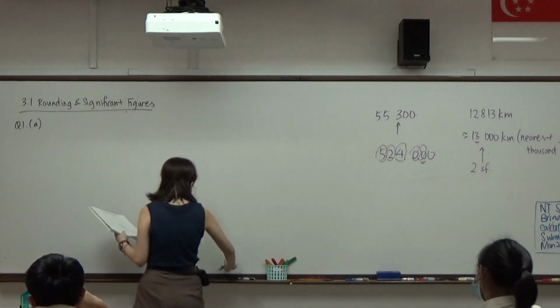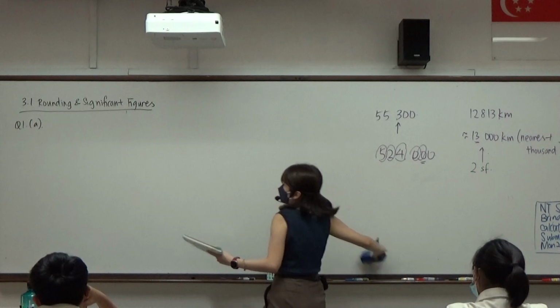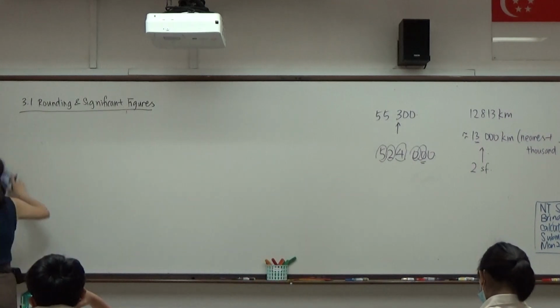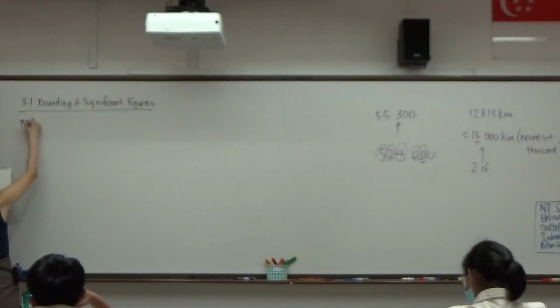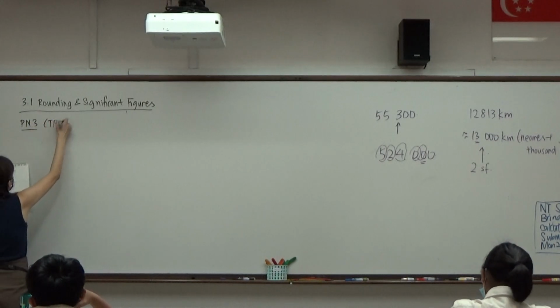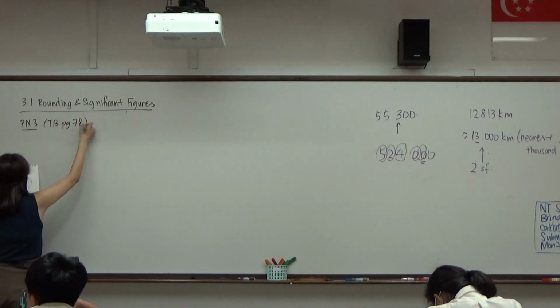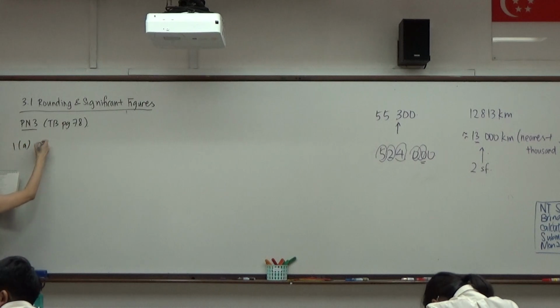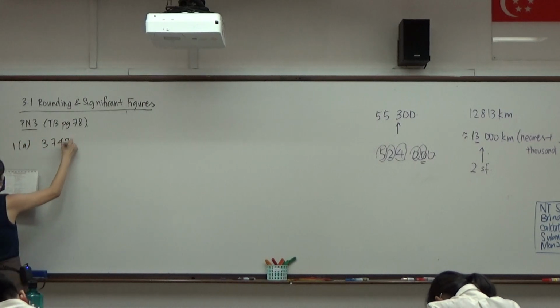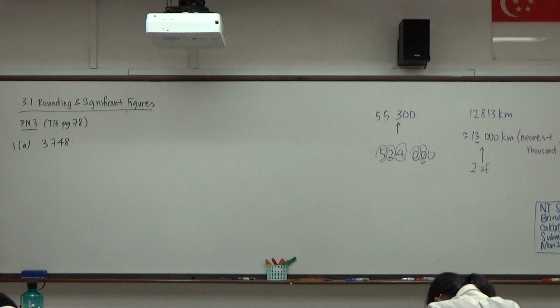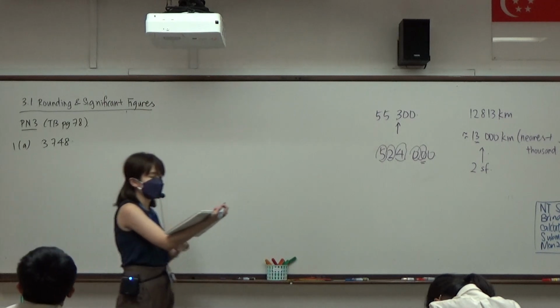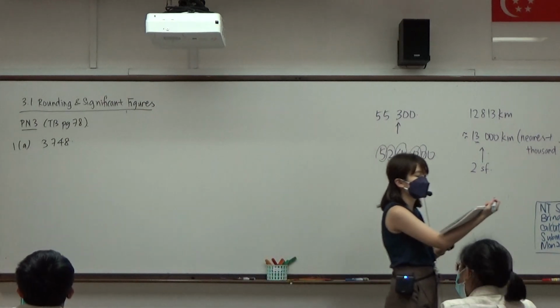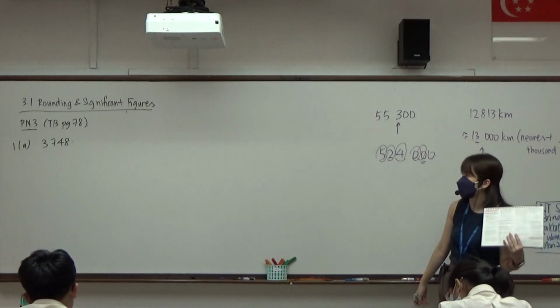Let's look at practice now 3, that's in your textbook, page 78. Following the number of significant figures given in the brackets.